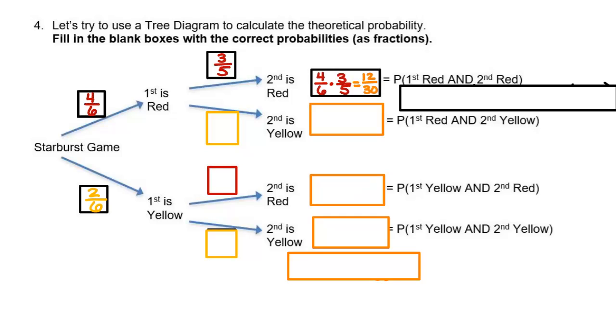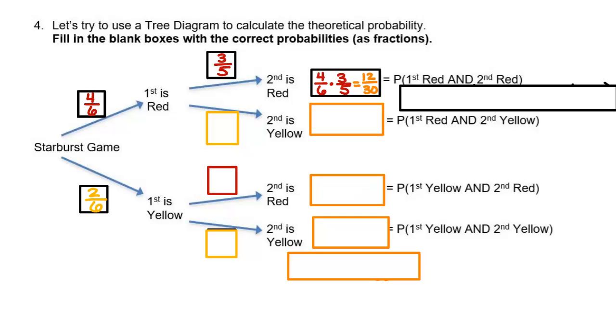Take about a minute, minute and a half. I want you to fill in these 3 probabilities here and calculate these 3 intersections here. The probability that the first is red and the second is yellow. Typically, we don't reduce fractions when we're doing probabilities because the numerator has meaning and the denominator has meaning.